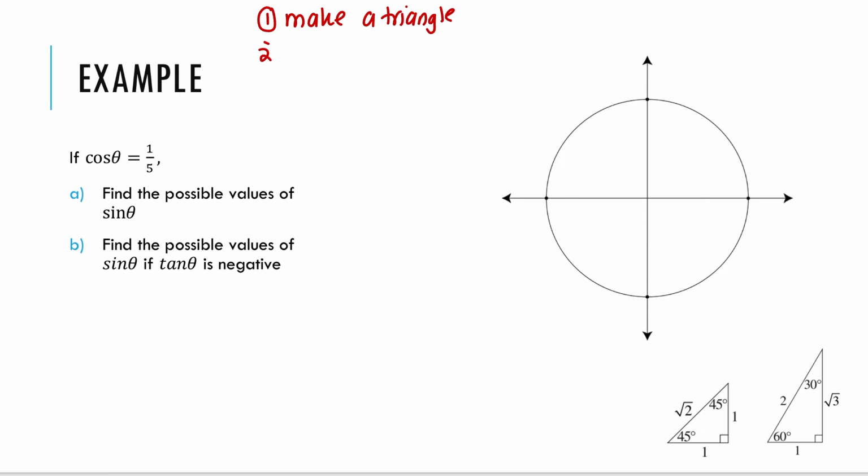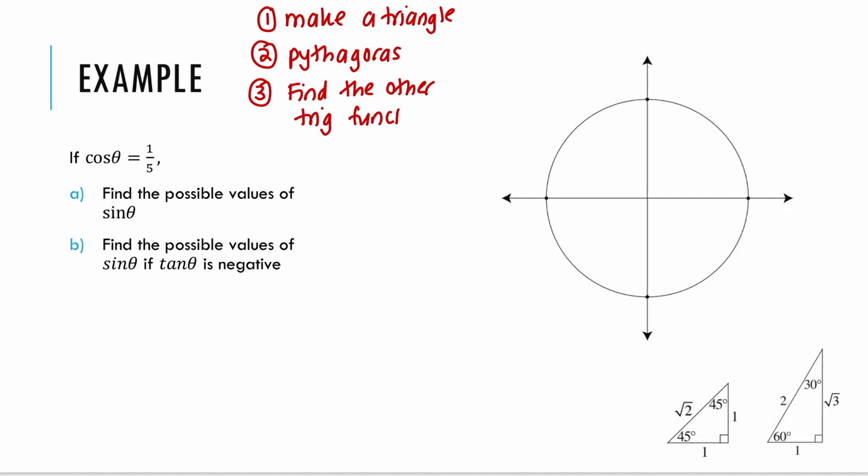Your second step, we're going to look at using Pythagoras. And then we're going to find the other trig function.